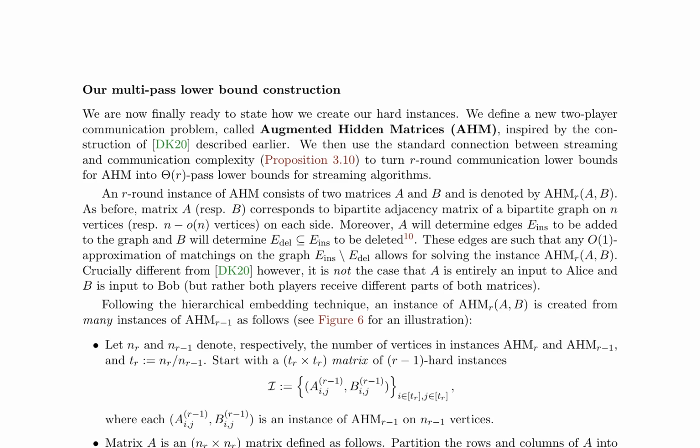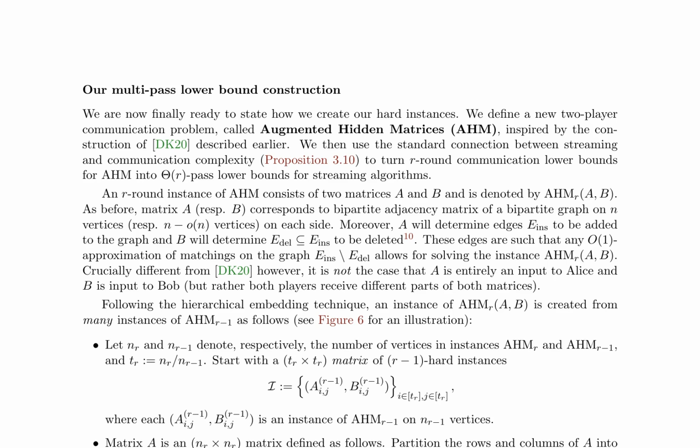The authors employ a hierarchical embedding technique to create an instance of AHM_R(A, B) from multiple instances of AHM_(R-1). This process involves constructing a t_R times t_R matrix I, comprising R-1 hard instances, and then defining matrices A and B based on this construction.